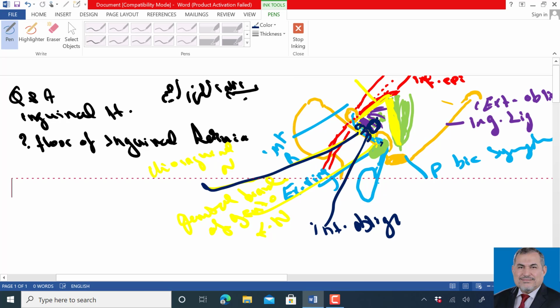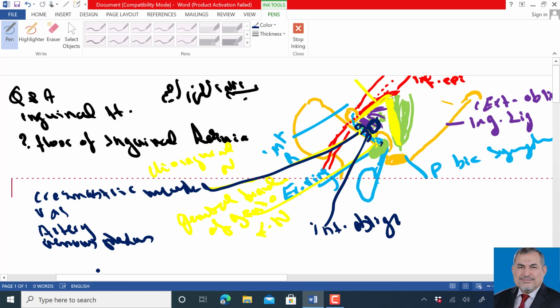What is in the spermatic cord? The structures that pass in the spermatic cord are cremasteric muscle, vas deferens, testicular artery, then testicular venous plexus, then genital branch of genitofemoral nerve.